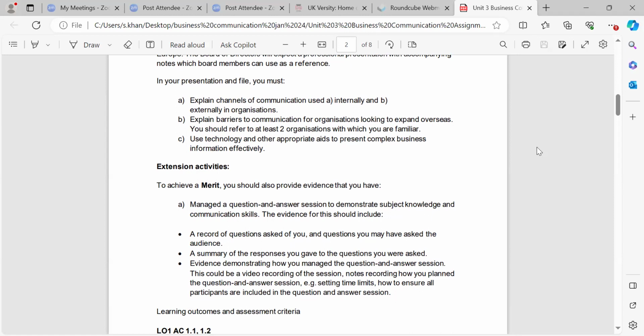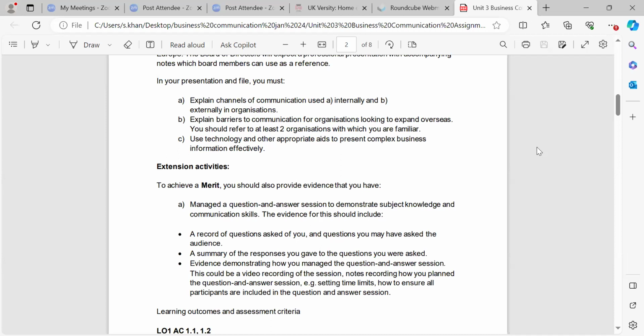To achieve a merit, you do the extension activities, and you will also need to provide the following evidence. So A, manage a question and answer session to demonstrate subject knowledge and communication skills. The evidence for this should include a record of the questions that are asked of you and questions you may have asked the audience.